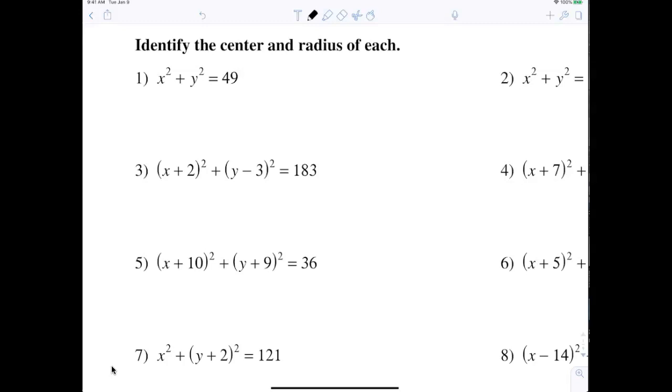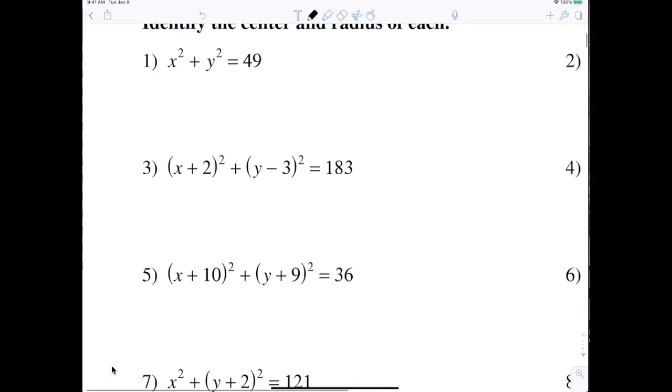So who wants to tell me what the center of the circle is for number 1? Good job, 0, 0. That's how simple. Now, how do I know it's 0, 0? Because you could rewrite this as x minus 0 squared plus y minus 0 squared equals 7 squared. But of course you don't have to do that.